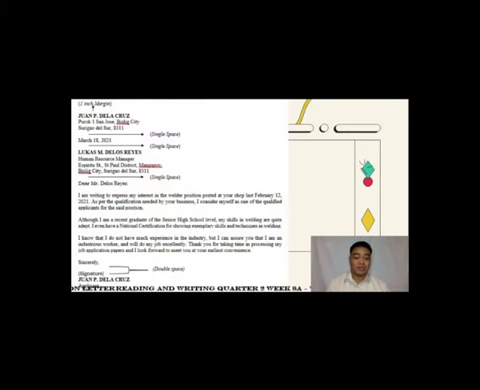For example, notice that the letter example that you're seeing right now shows tidbits of the parts that we've discussed earlier, right? You can see the name, the date, the inside address, the salutation, the body, the complementary clause, and the last part, which is the signature and the sender's identification.